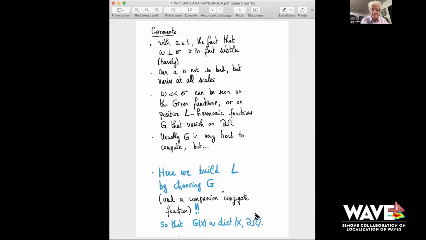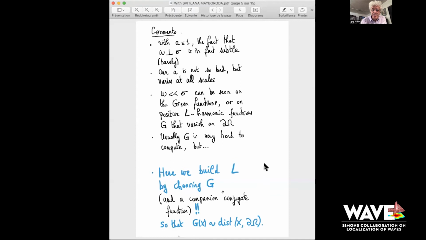The second thing that I'm going to start talking about is Green functions. The Green functions are functions on the domain which are positive and tend to 0 at the boundary. If you know Green functions well, you know the harmonic measure well, but usually it's not so easy to use because Green functions are hard to compute.